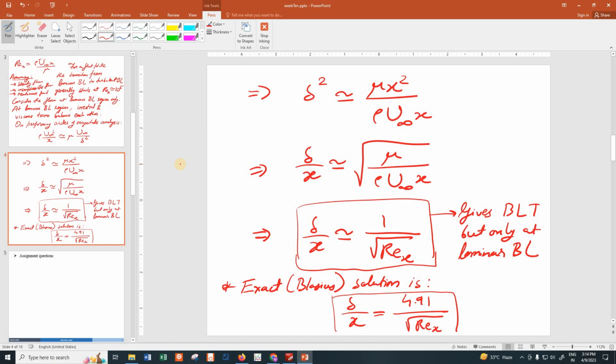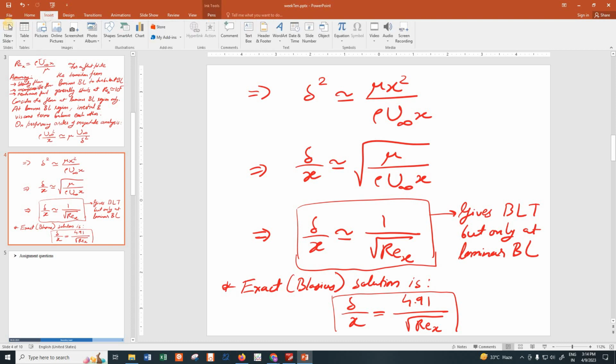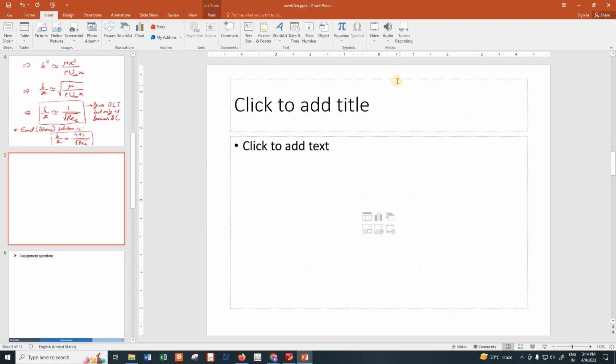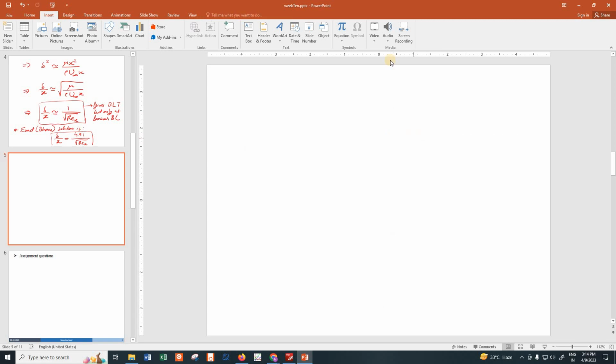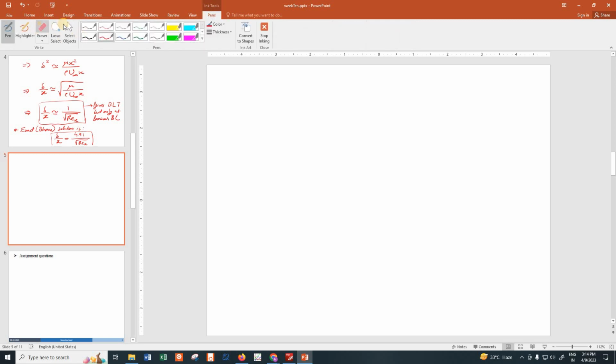Now this is the exact solution. Now we have discussed the boundary layer, so we shall discuss the displacement layer.